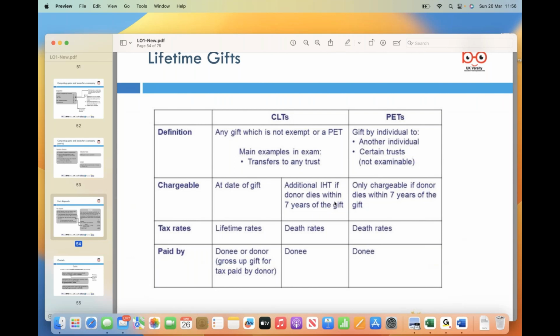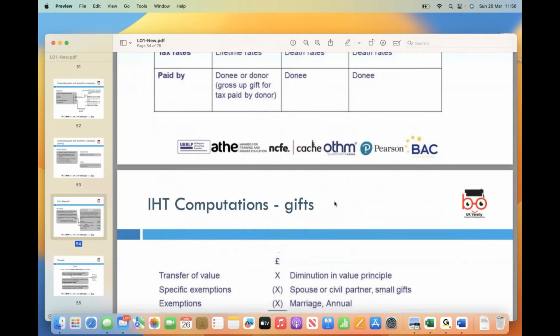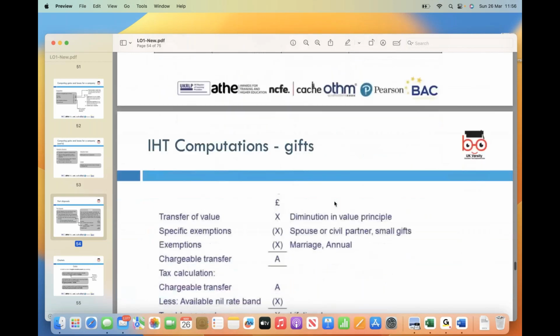Tax rates are charged at the date of the gift and paid by the donor. All assets are chargeable property for inheritance tax purposes, and there are no exempt assets, as we just said.